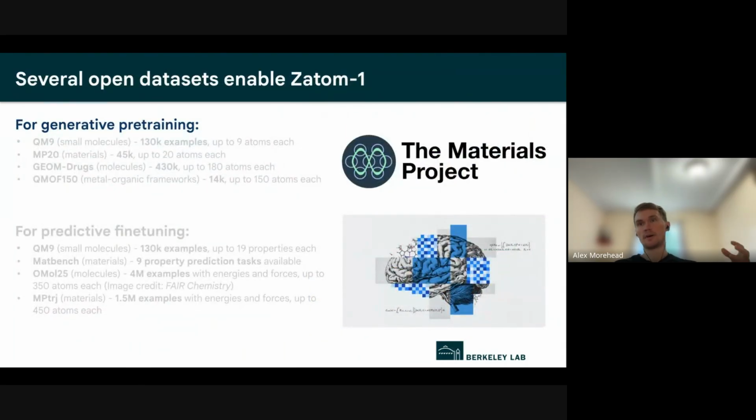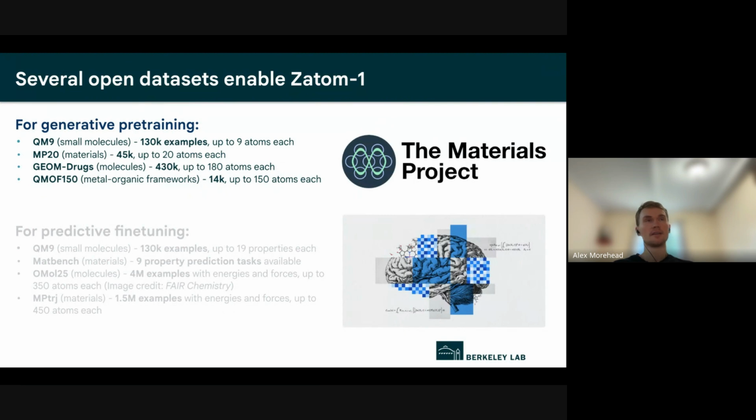Now, this is only possible if you have access to high quality data. Training any foundation model requires a lot of good data, and fortunately, a lot of great data sets have come online over the last several years for molecules and materials. So we split this up into two different sets of experiments. We have our generative experiments for pre-training the model, where we use a variety of data sets. We have QM9 for small molecules and MP20 for materials.